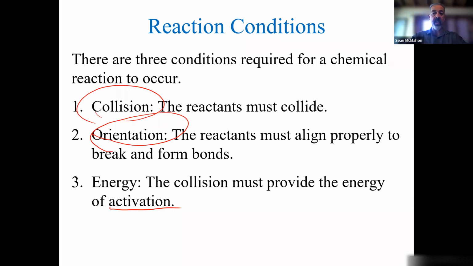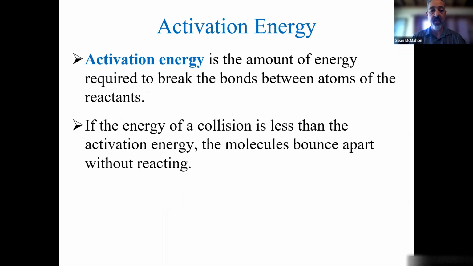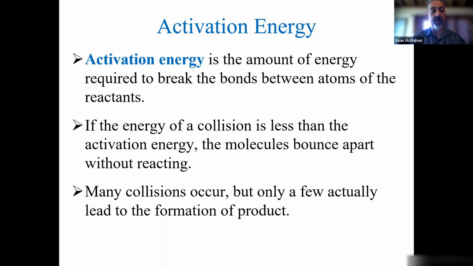Or if they don't even collide, there won't be a reaction. So I need all 3. Activation energy is the amount of energy required to break bonds. If the energy of a collision is less, then the molecules will just bounce apart. Many collisions occur, but not all of them lead to product. That's why we don't get complete conversions.